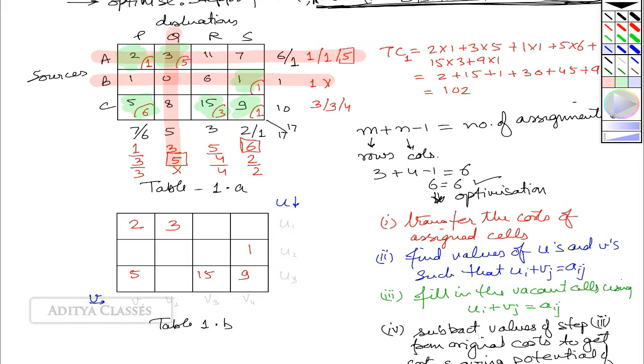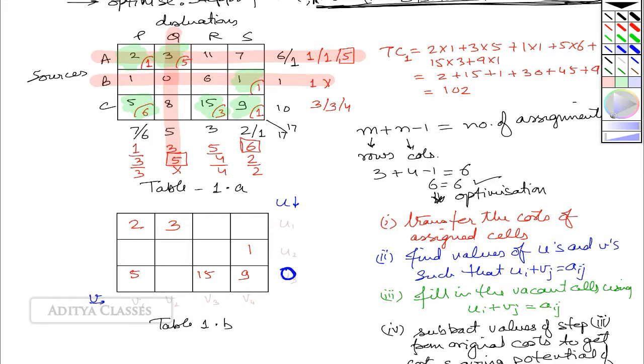You could put that 0 at any place. But preferably, I will put this 0 in a place where there are maximum assignments. For example, U1 has 2 assignments. U2 has 1 assignment. U3 has 3 assignments. V1 has 2, 1, 1 and 2. So this is the place where we have 3 assignments. So I will go ahead and put a 0 over here.